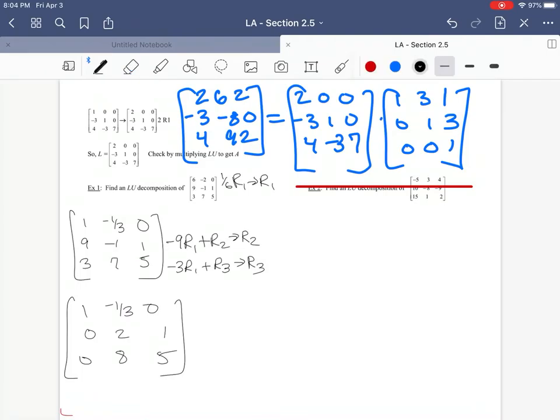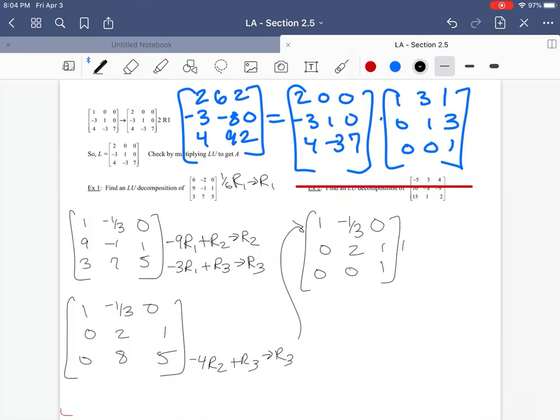Because 2 times 4 is 8, I'm just going to do -4 times row 2, add it to row 3, and it's going to stay in row 3. All right, so here we go. I have 1, -1/3, and 0. Then I have 0, 2, 1 still, and now I have 0, 0, 1. Look at that.